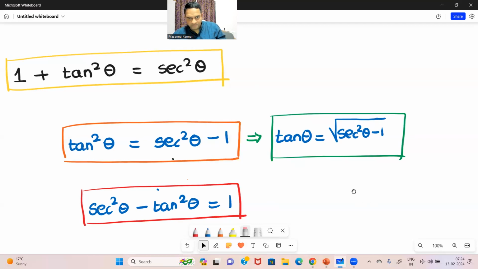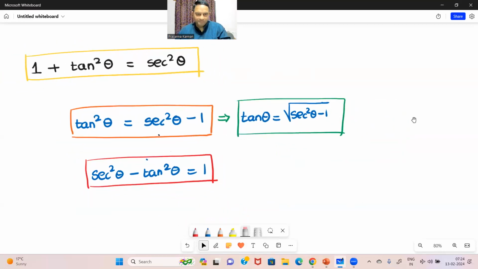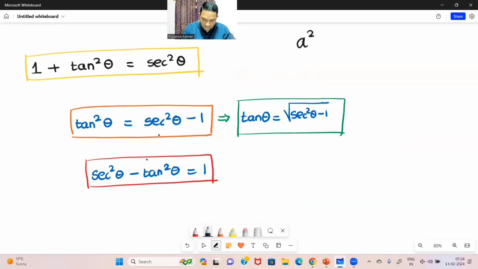Now, one more way we will write this, okay? You know a square minus b square, right? A square minus b square, you can write it as? A plus b, a minus b. Correct? Similarly, here you have what?